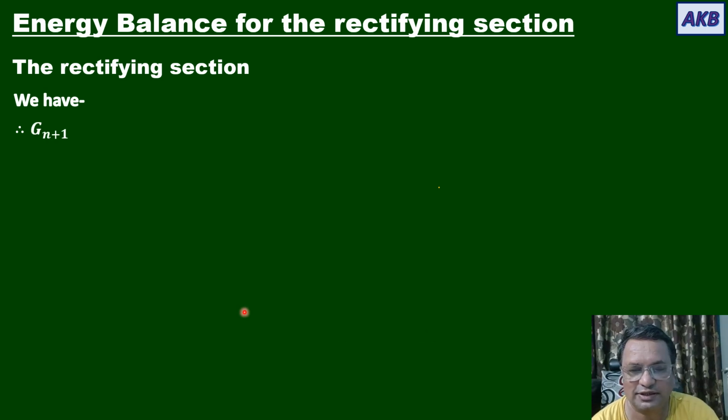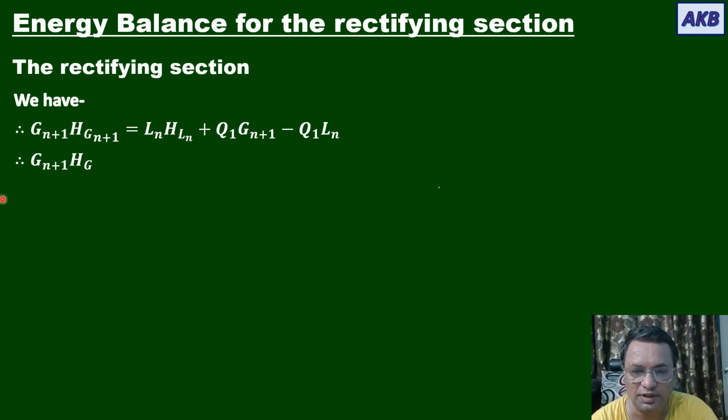Okay. Now let us continue. From the previous slide we got this equation Gn+1 HGn+1 = Ln HLn + Q1 Gn+1 minus Q1 Ln. Now what will be the next step? We will collect terms containing Gn+1 on one side and terms containing Ln on the other side. So it will be Gn+1 HGn+1 minus Q1 Gn+1 = Ln HLn minus Q1 Ln.